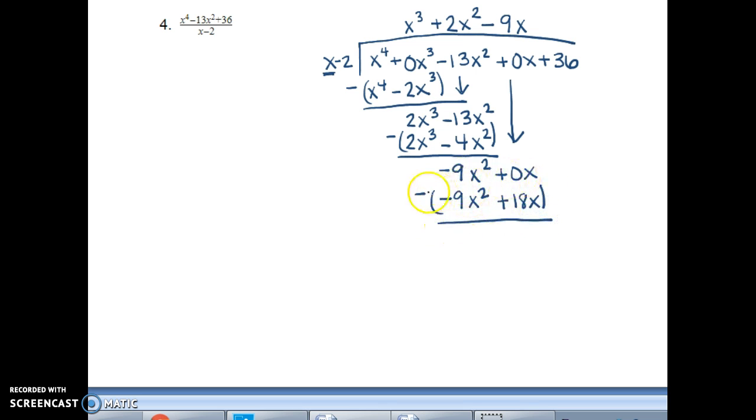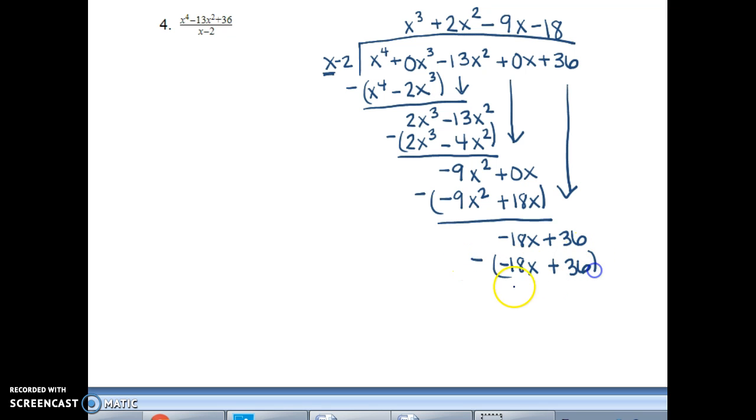These cancel. 0 minus 18 is negative 18x. Bring down the positive 36. How do you make an x become a negative 18x? With a negative 18. Negative 18 times x is negative 18x. Negative 18 times negative 2 is a positive 36.